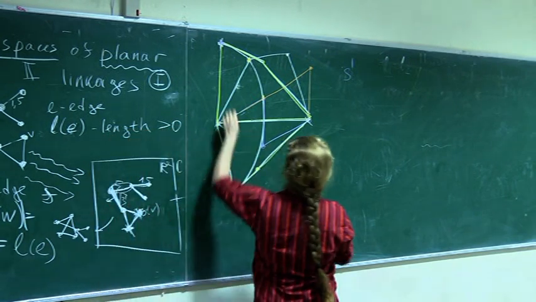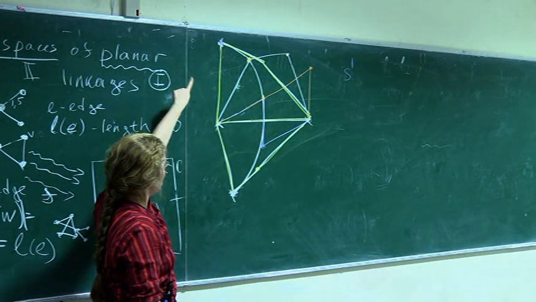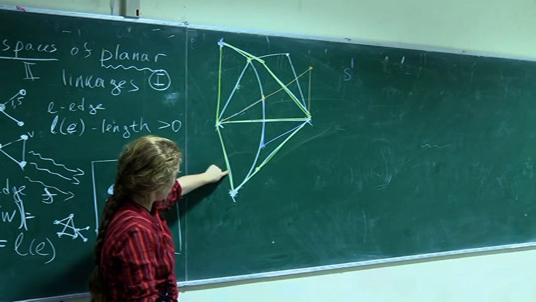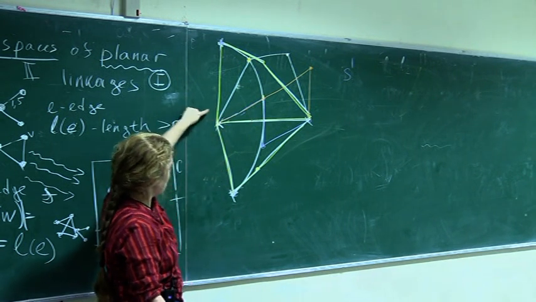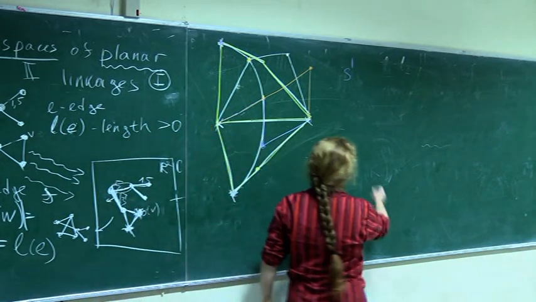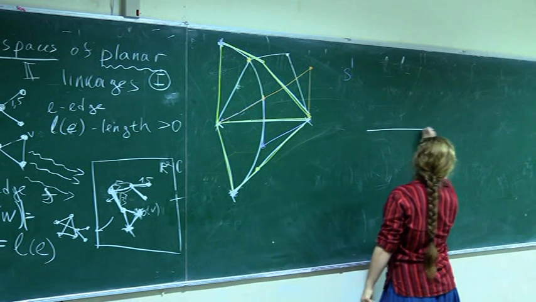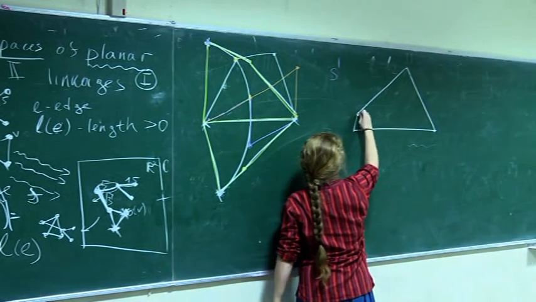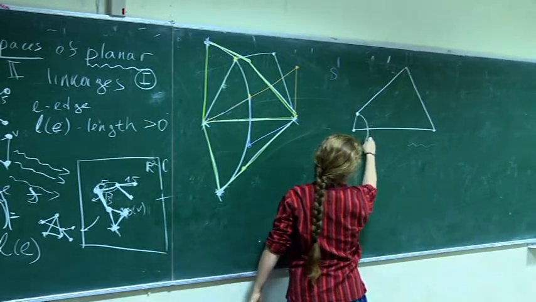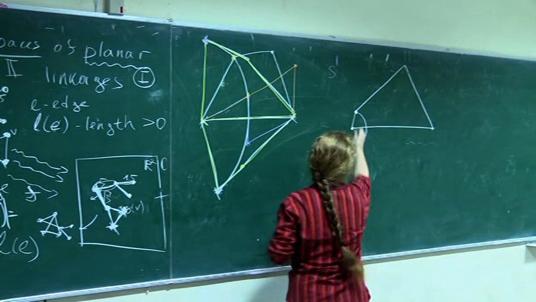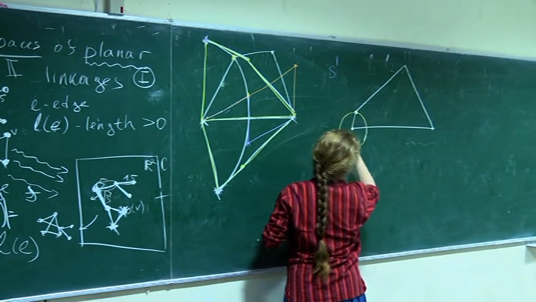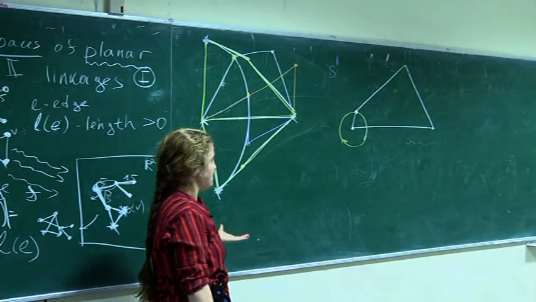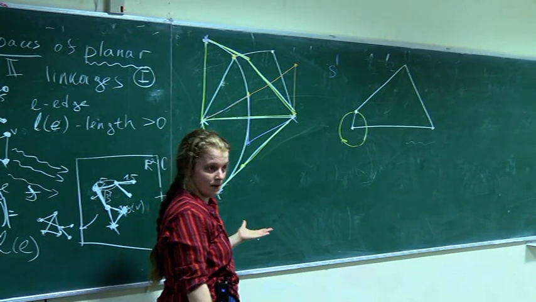But in fact, we can have another type of quadrangle if this bar is short enough to make a full circle. For example, we have something long, then again something long, and this is very short. Then this vertex can make a full circle. There are no restraints. So how does this configuration space look?